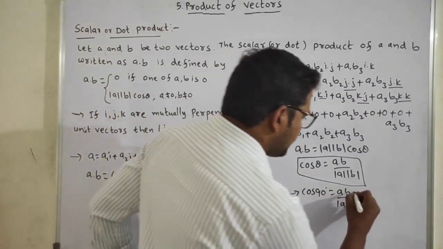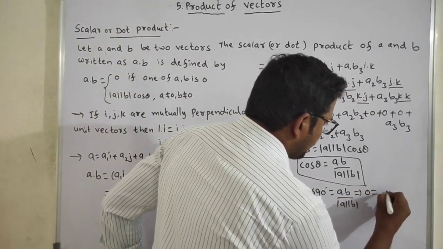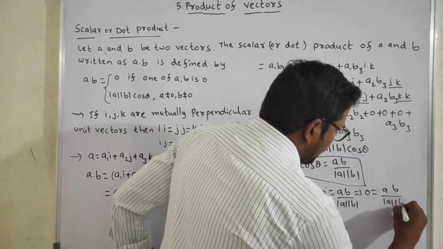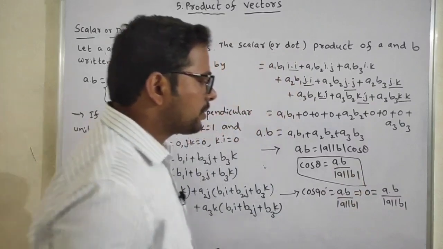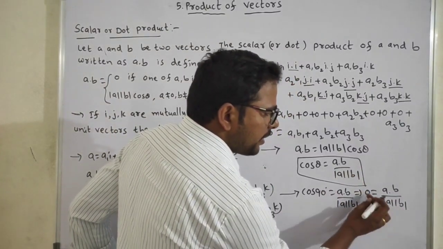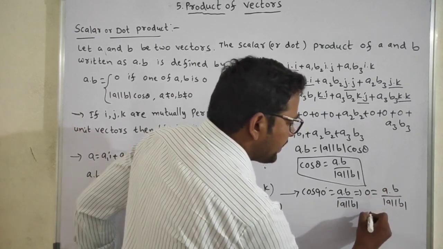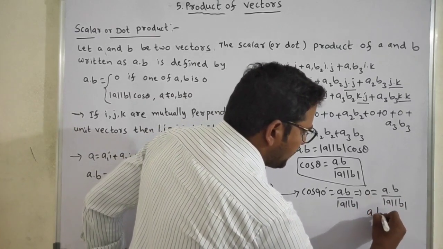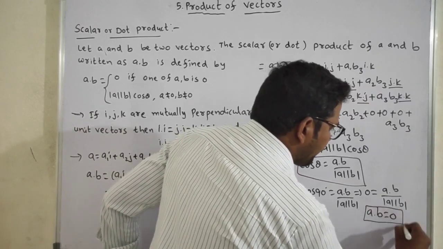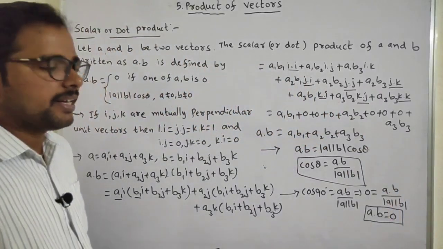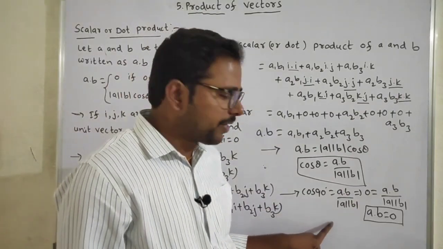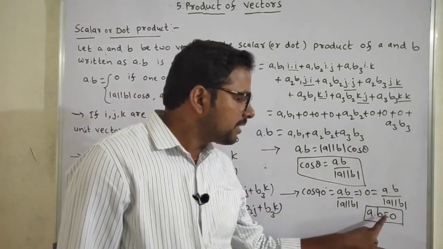So 0 is equals to a dot b by mod a mod b. So ఈ total denominator left hand side చేస్తే 0 into something 0 అవుతుంది, అంటే we will get a dot b. A dot b is equals to 0. This is a perpendicular condition. If two vectors are perpendicular, then a dot b is equals 0.